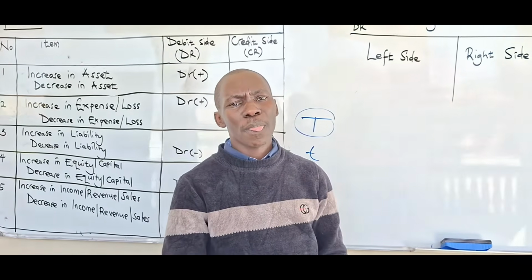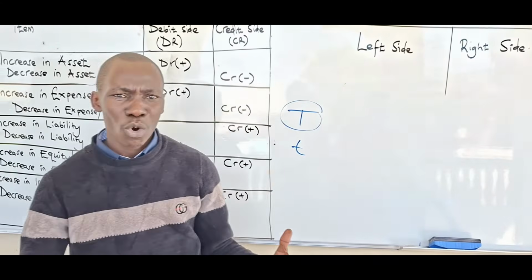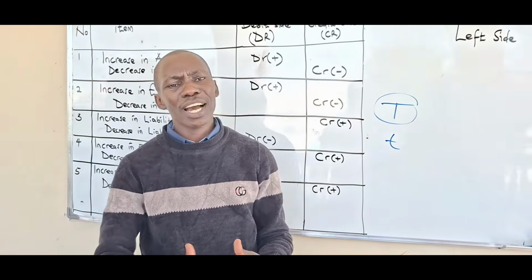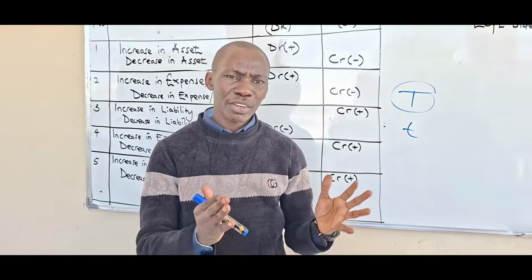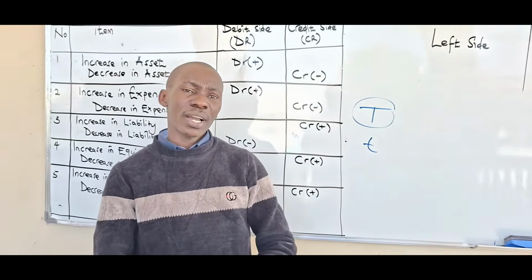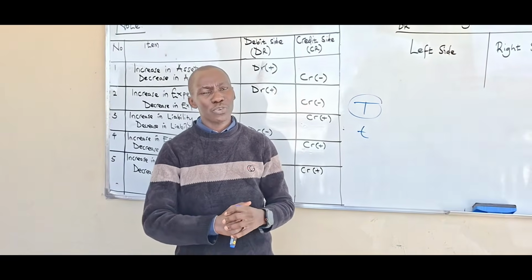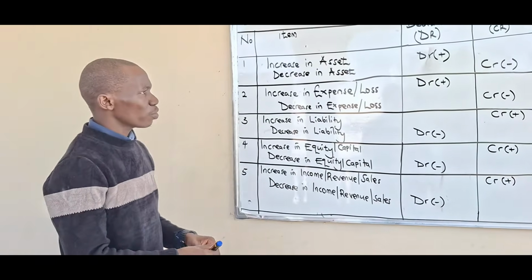And the question is, why is it like that? What about other books of original entry like sales, which don't have a debit side and credit side? How will you record that? We need to understand the principle of how we should record in our ledger account, and I have simplified it using the table. Let's take a look at this table.